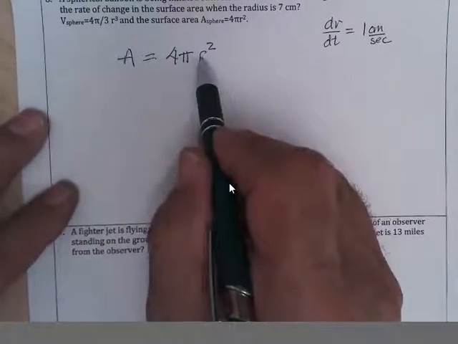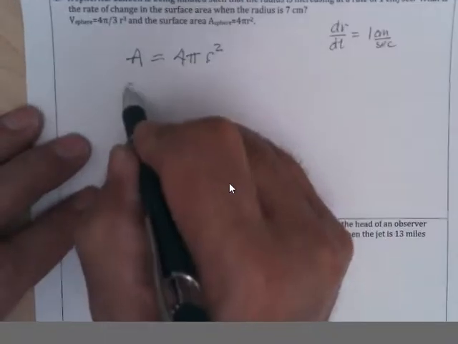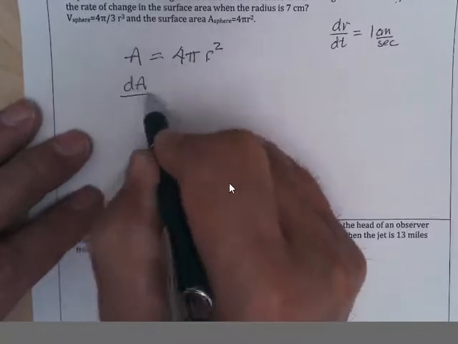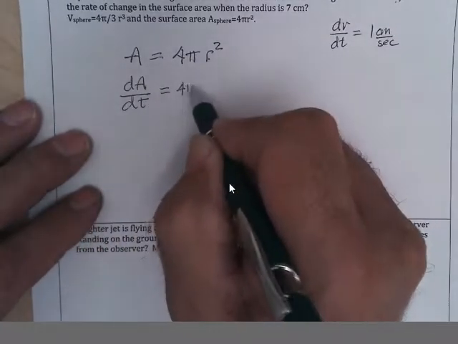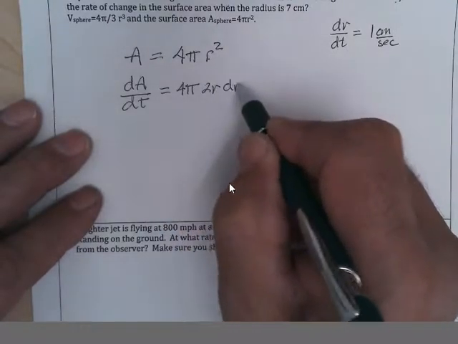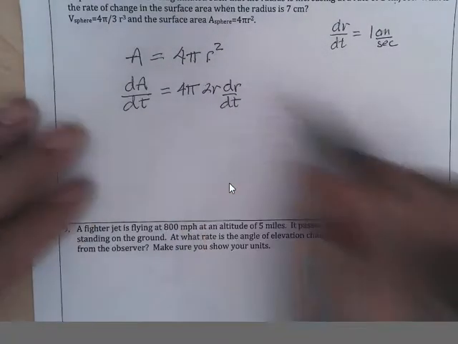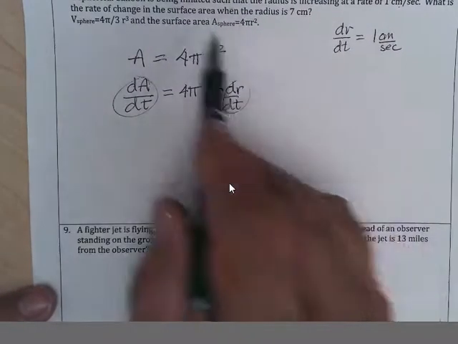And if we take the derivative of this, since there's only these two variables, we can take the derivative right away. And the change in the area with respect to time is 4 pi times 2r dr dt. So we've related dr dt to dA dt. There is an r.